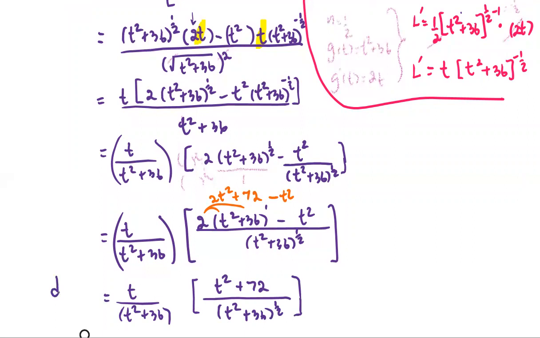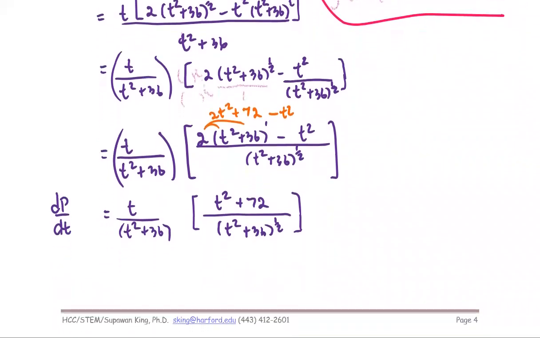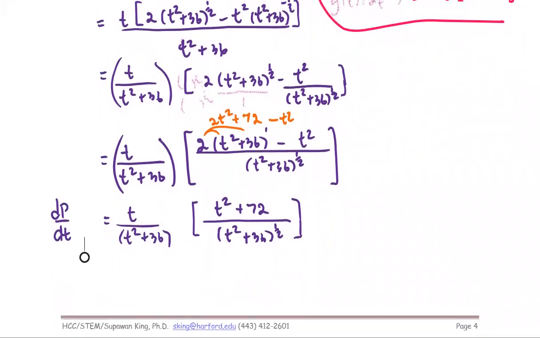And this is the general term for the derivative of P, the measure of air pollution with respect to time. What we have to do next is replace t with the value 8, because we are looking for the rate of change of air pollution in the year 1988. So for dP/dt, evaluate when t equals 8.